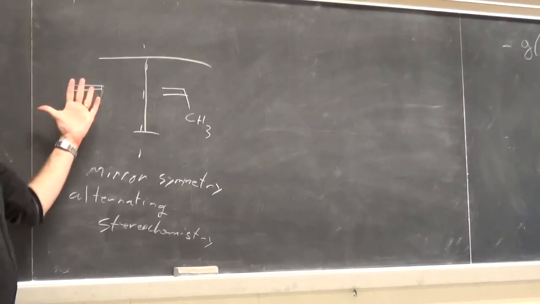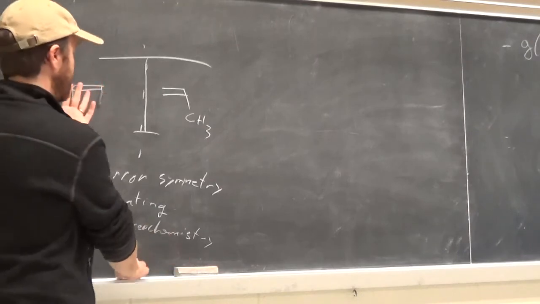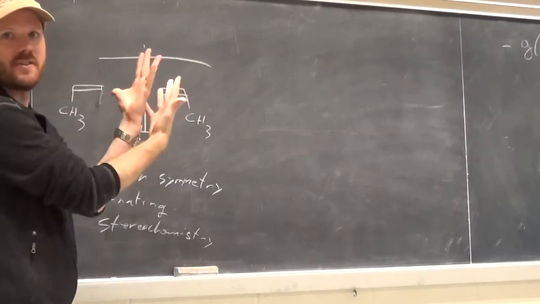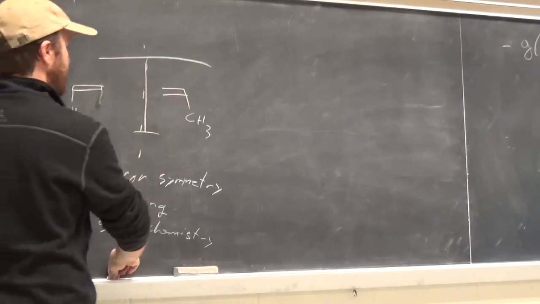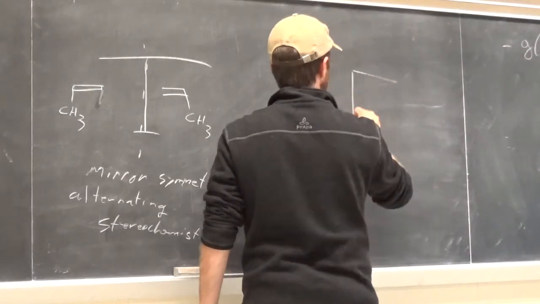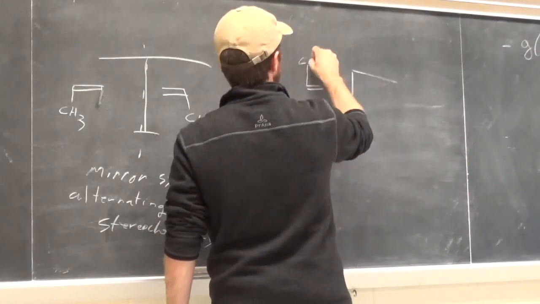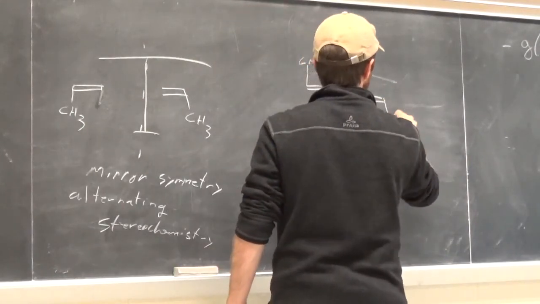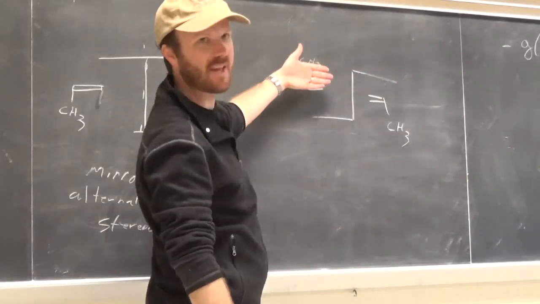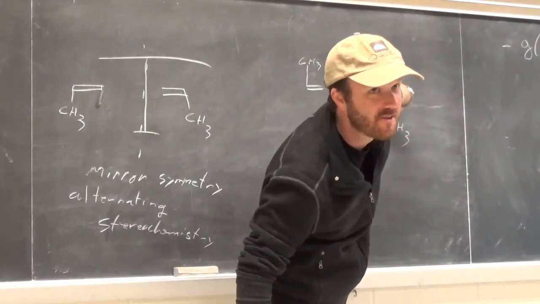So this one is whichever hand you want, left hand or right hand. Let's say this is left hand, this is right hand, and you can't put these molecules on top of one another, so it's going to be a different orientation in the chain. Whereas if you have something like this, if I take my left hand here, I can turn it around and make left-handed over here too, right?